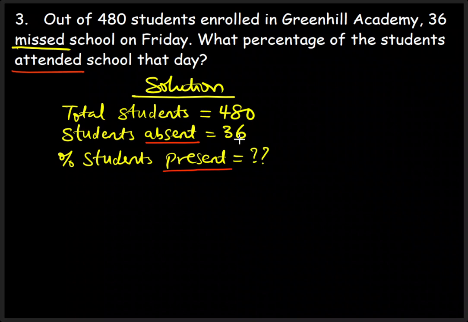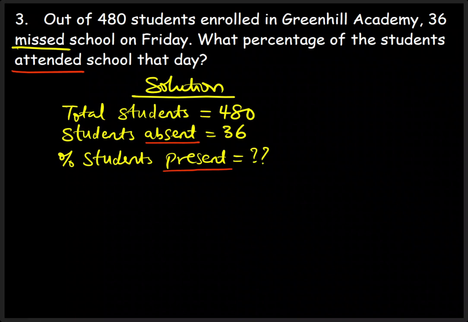The number of students absent can only give us percentage of students absent, but we are asked to find percentage of students present. So what we are going to do there first is that we need to find the number of students present so that we can change the number of students present to the percentage of students present. So we need to find the number of students present.